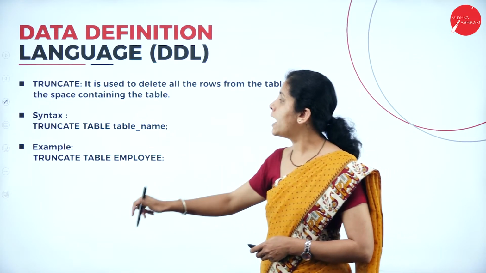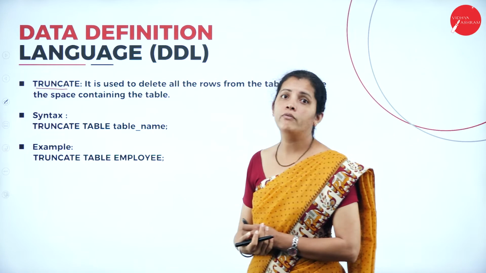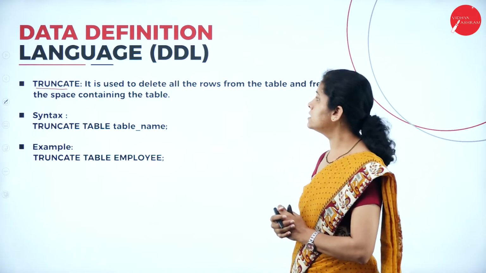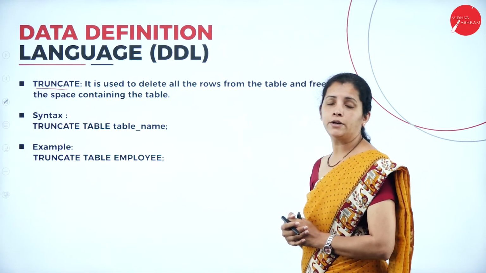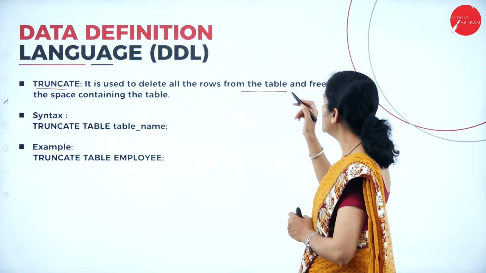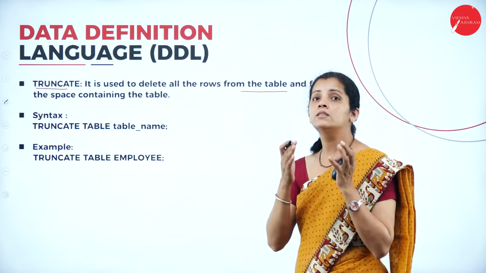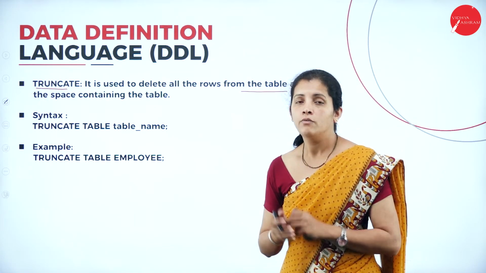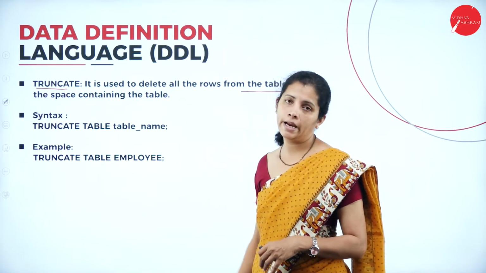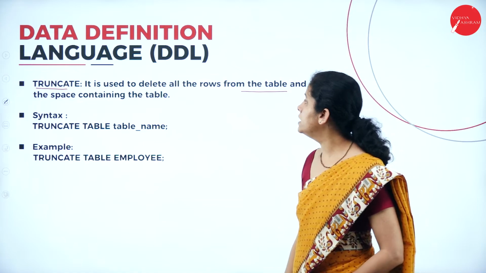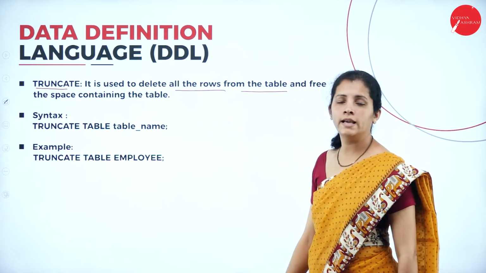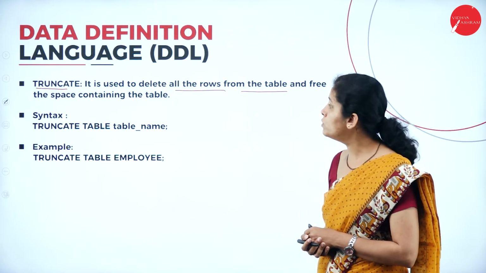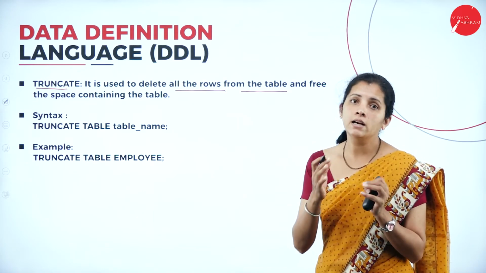Now I'm going to have my last type of command under DDL, that is truncate. So what is truncate? It is used to delete all the rows from the table. Dear student, there are certain times I want to delete all the rows from the database and free the space containing a table.